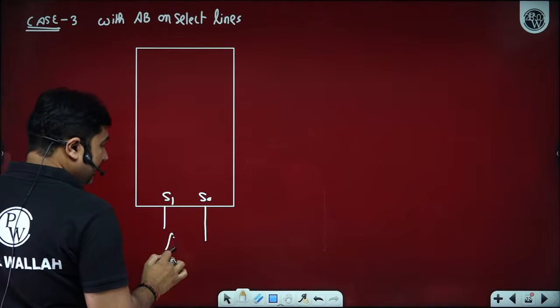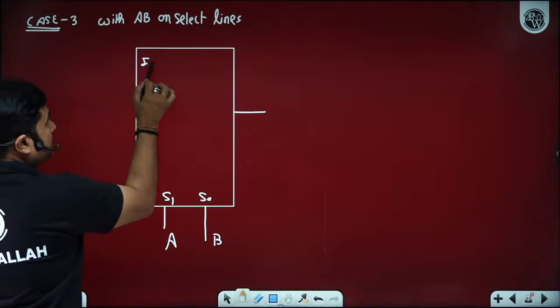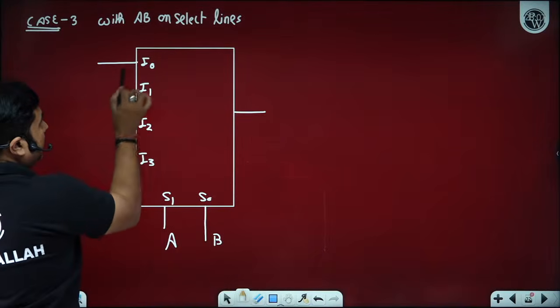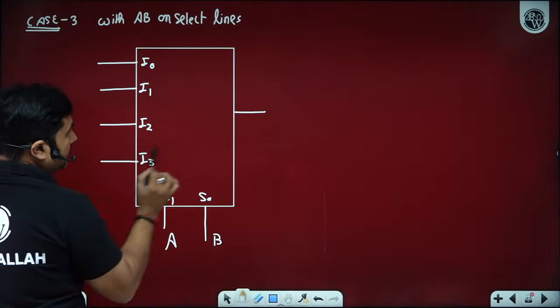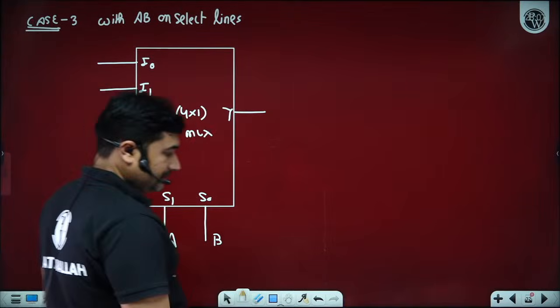A is the MSB and B is the LSB. So we have I0, I1, I2, I3, and we have a 4 cross 1 mux.